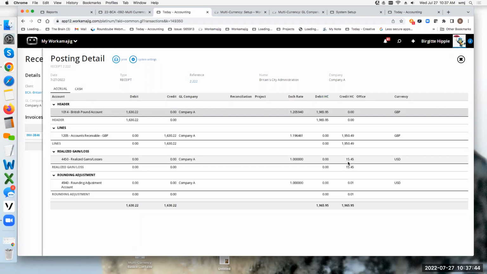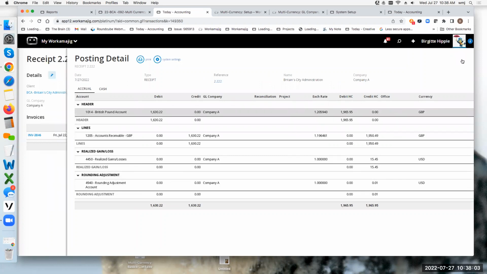So we actually have a realized gain of $15.45 because the currency rate changed. By the time we got paid, the value went up. That caused a realized gain. We had a little bit of a rounding adjustment because of all these exchange rates. All right.